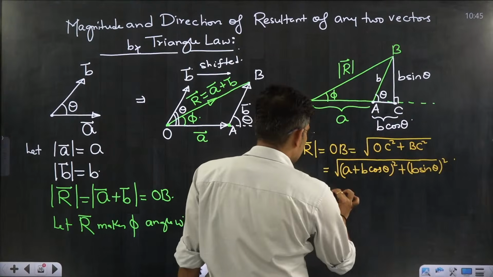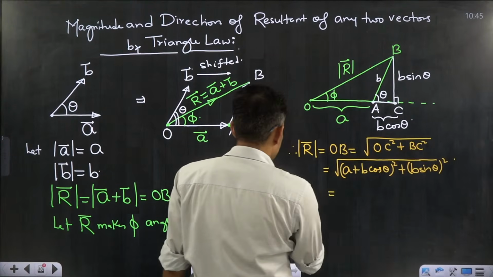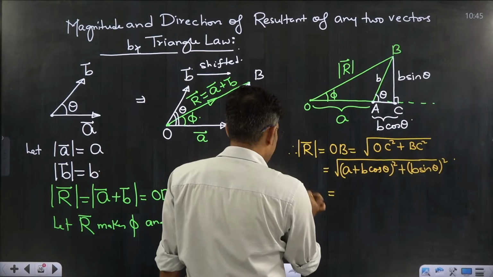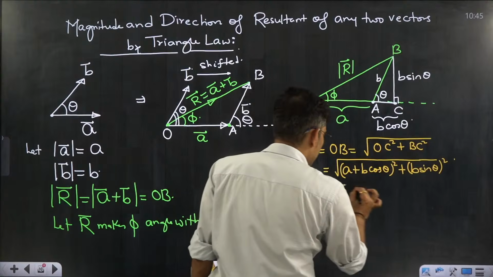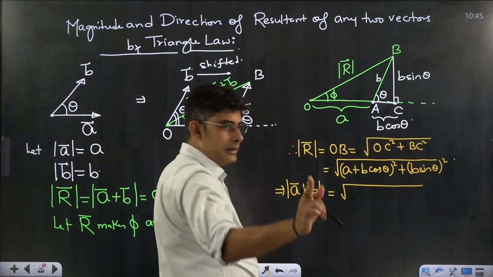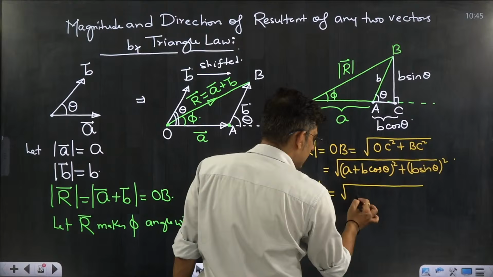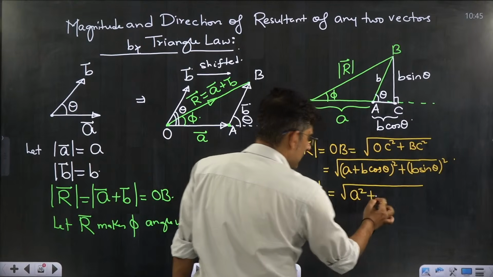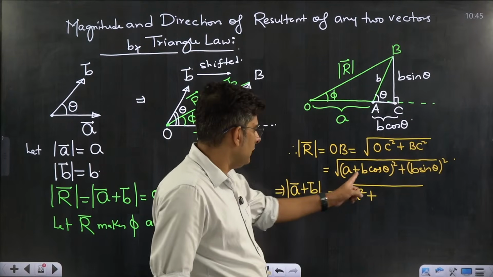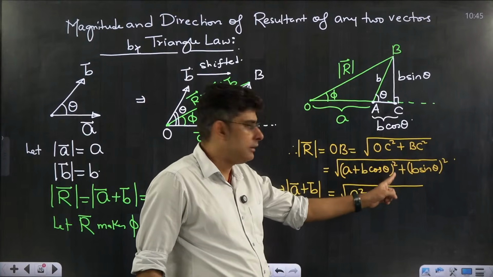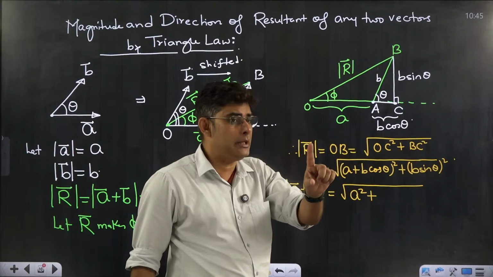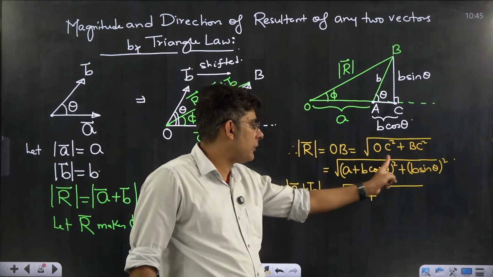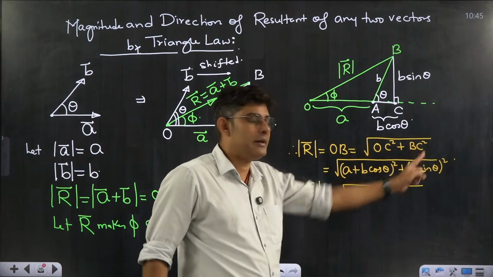So from here we get the vector sum magnitude, the magnitude of A vector plus B vector, which will have a very important formula. Let's see what we are getting. First you will get A square plus B square cos square theta plus B square sin square theta.